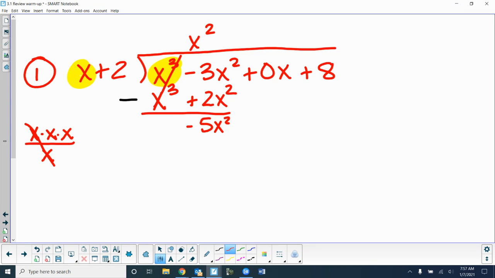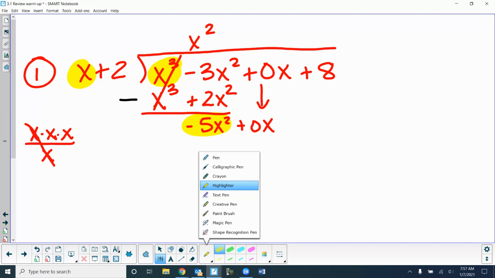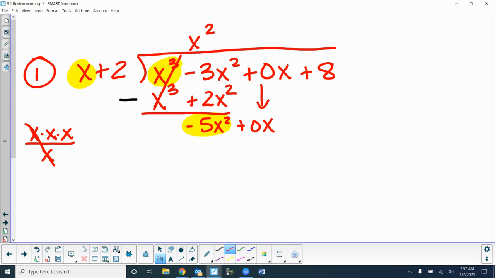And then, like in synthetic, we drop down the first term. In long division, we drop down the next term. So this is plus 0x. Then we start over. Again, all I worry about is this divided by x. So it's negative 5x squared divided by x.